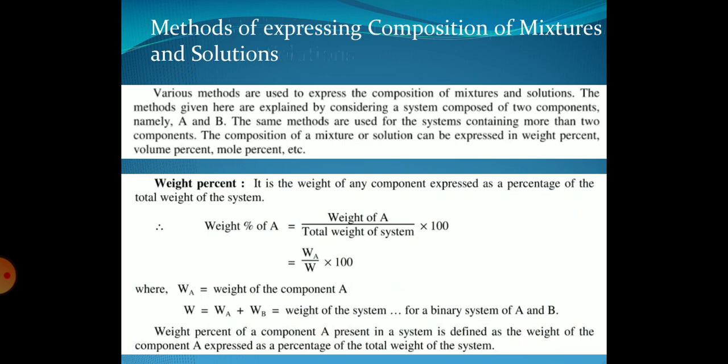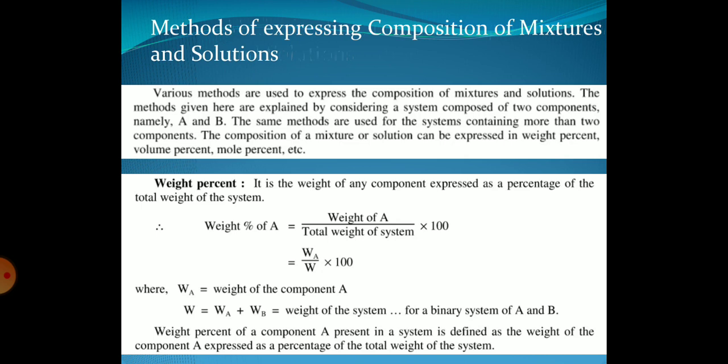It is the weight of any component expressed as a percentage of the total weight of the system. So weight percent of A will be equal to weight of A divided by total weight of system into 100. So WA upon W into 100.